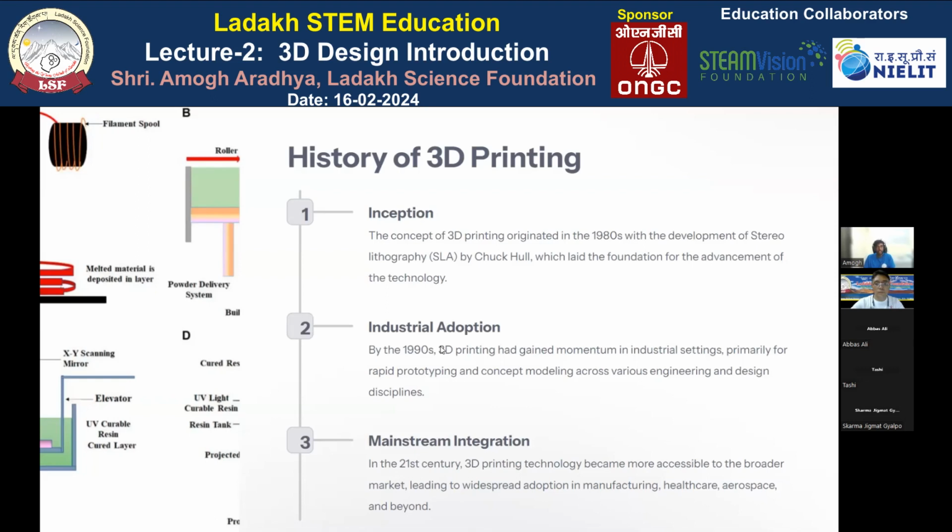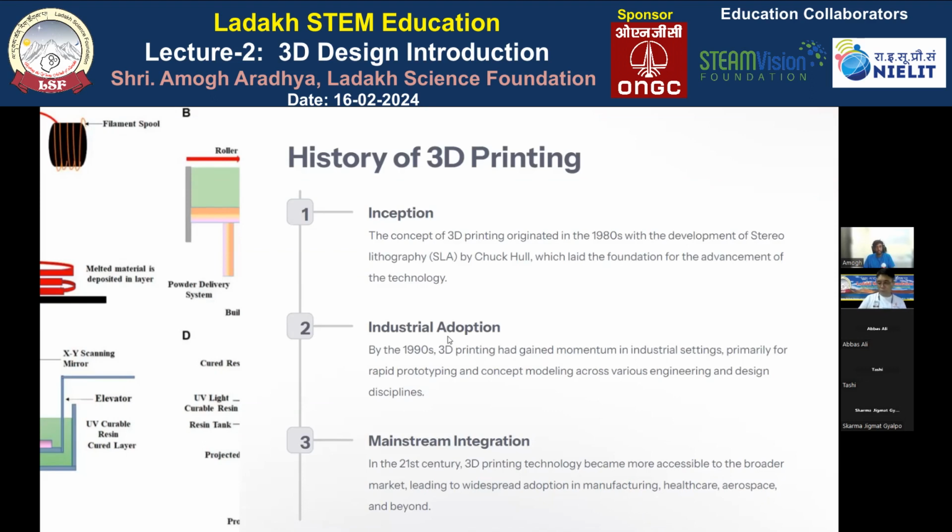In the 1980s, 2D printing existed back then. 2D printing is nothing but printing of papers and your Xerox machines, those kinds of things. But he thought, why can't we make a 3D printer? And then he slowly started with that.